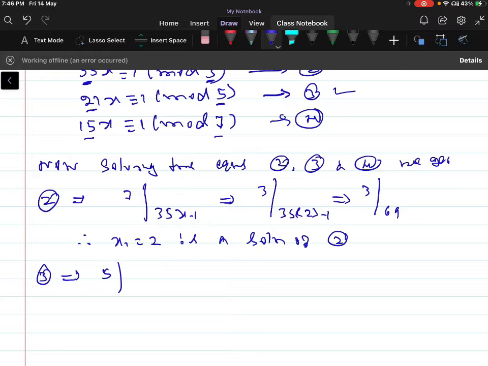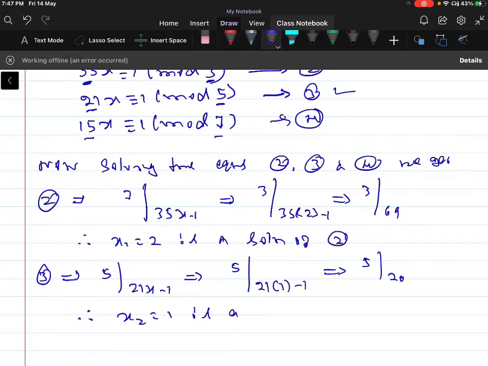Similarly from 3, 5 divides 21x minus 1, this implies 5 divides 21 into 1 minus 1, this implies 5 divides 21 minus 1, which is 20. So therefore let us take x2 is equal to 1 as a solution of equation 3.